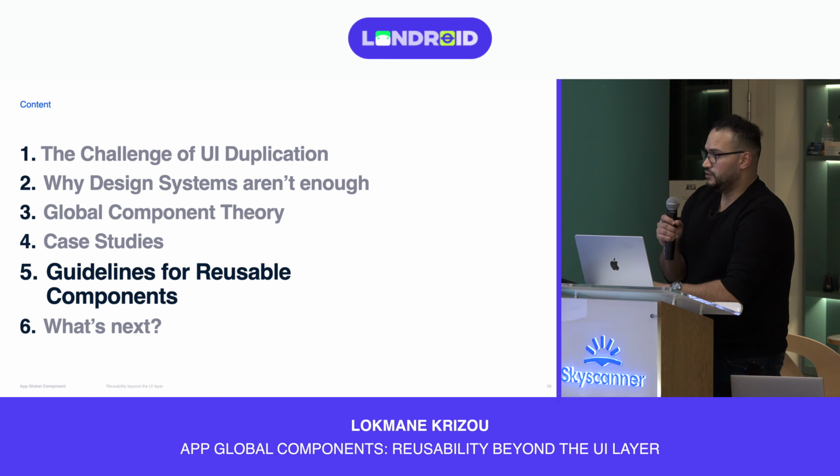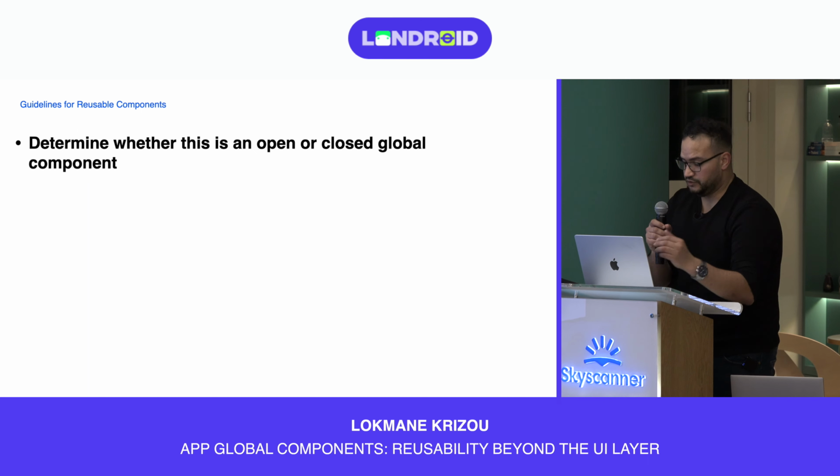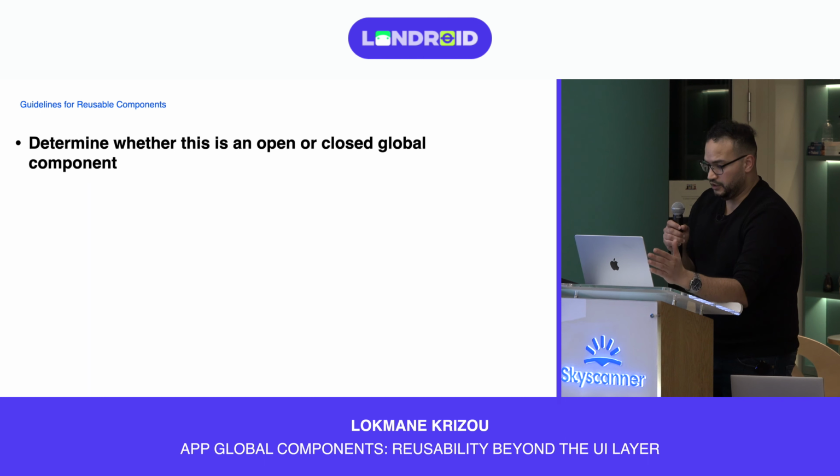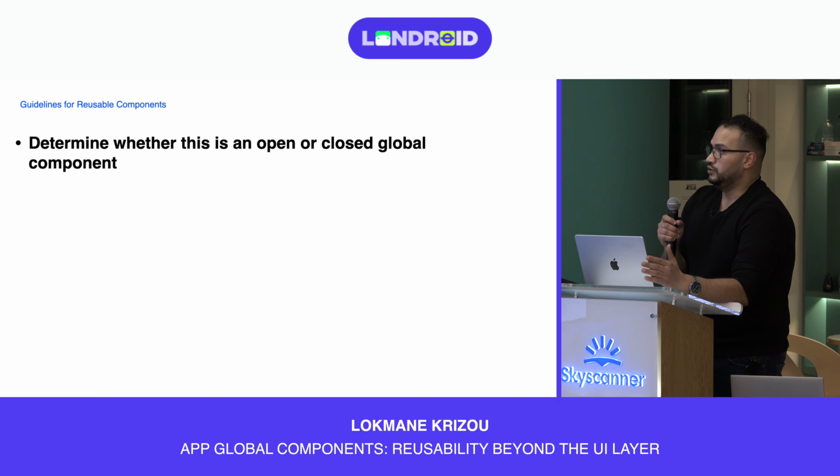And once we set up everything, we went and wrote some guidelines, to make sure that for any future components that we need to write, we have some guidelines to follow. So the first one was, before you start, you need to determine whether you are creating an open global component or a closed global component.